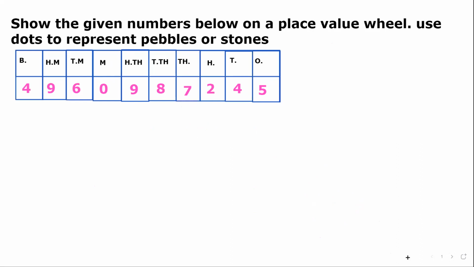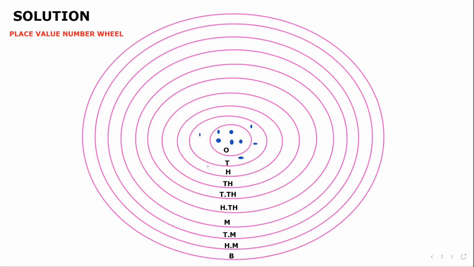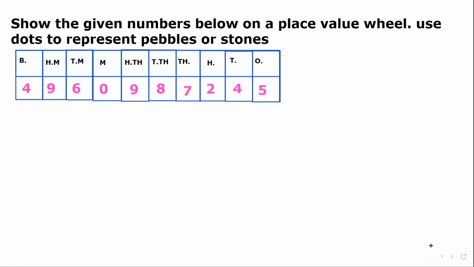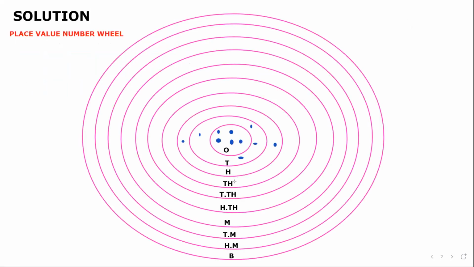We have the 2 dots, the 100. I'll model one here, and then I'll model the other one here. Okay, good. Then 1,000. For 1,000, we have 7. 7 dots. This is 1,000. 1, 2, 3, 4, 5, 6, and then 7.